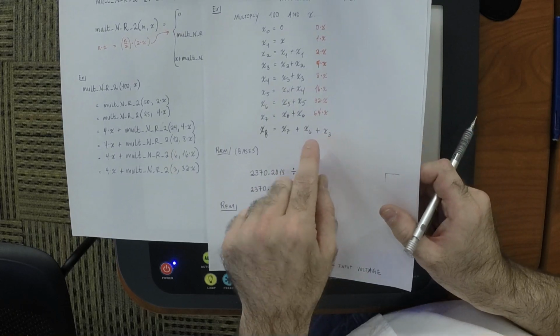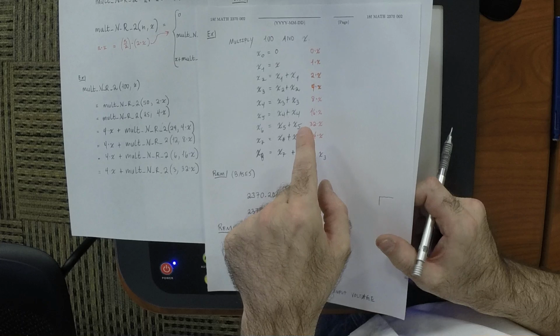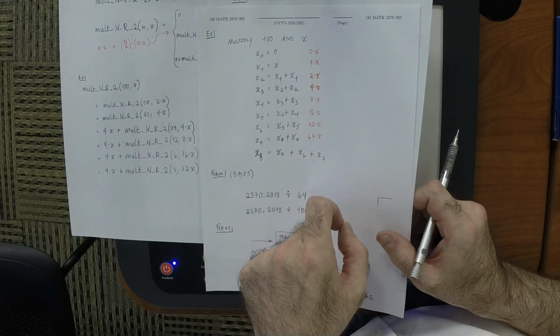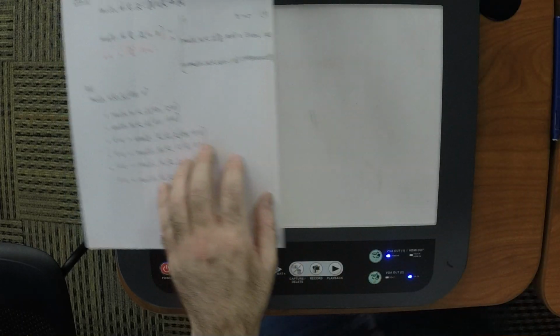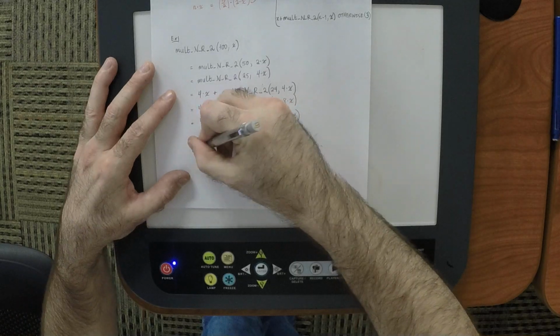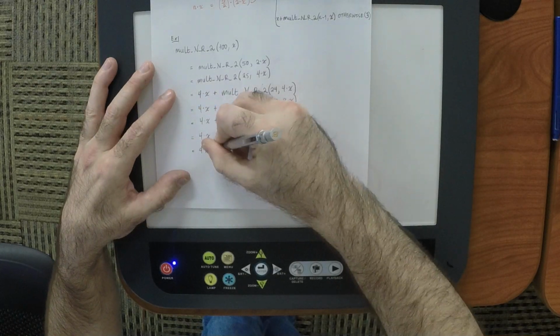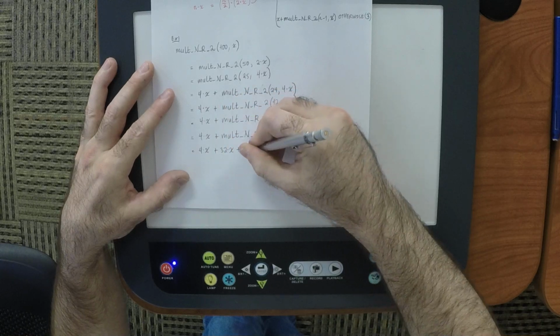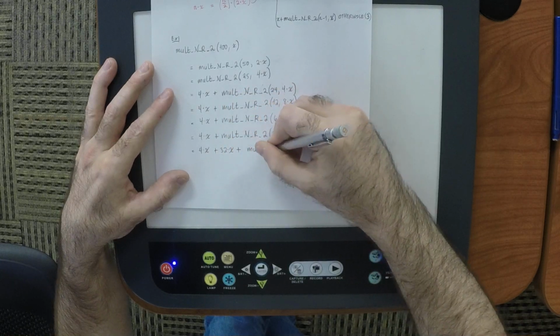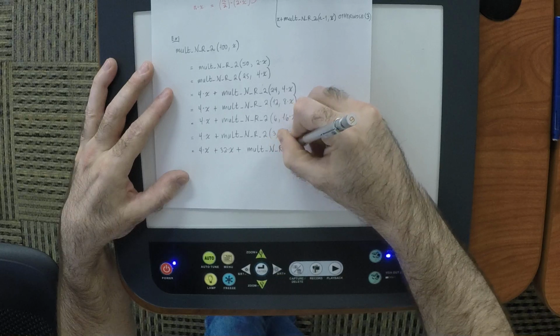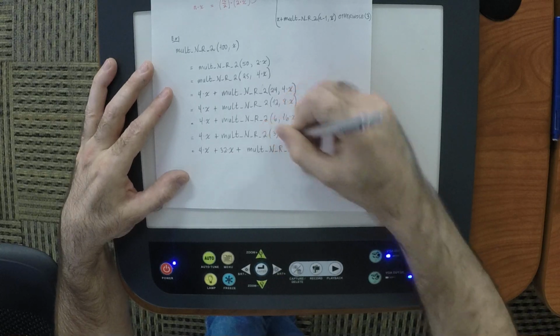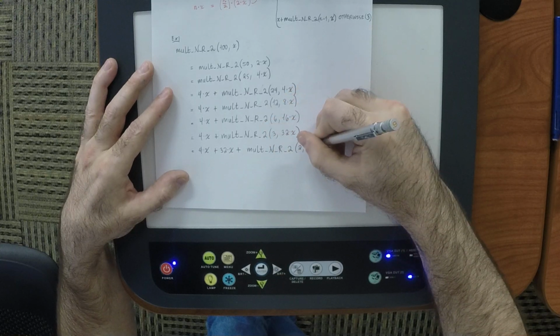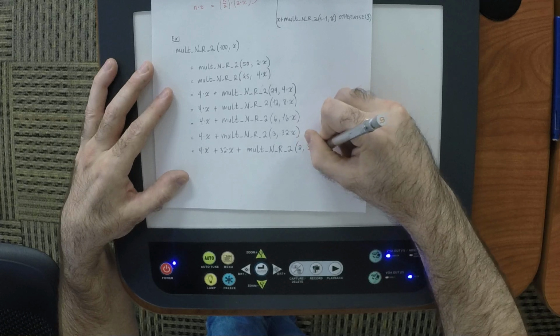Well, yes, but isn't that what we just showed 2 pages ago? Yeah. So this will be 4x plus 32x plus mult in R2. So we take 1 away, so 2 and 32x.